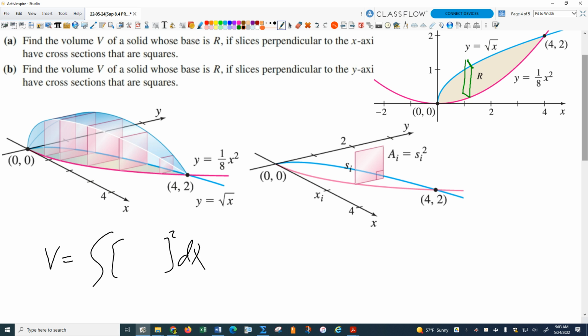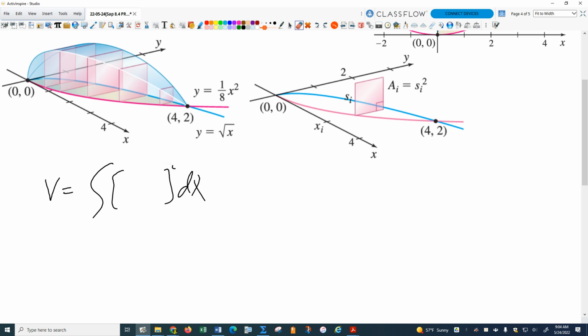What's that going to look like? Yeah. Blue curve minus whatever that is, pink curve, right? So square root of x minus 1/8 x squared dx. From where to where?